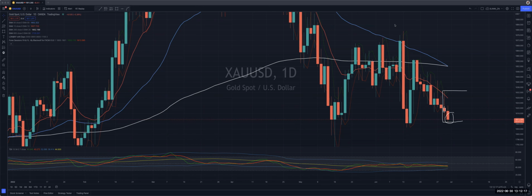On the bottom side, we've got this area here. Then on the top side, we've got this area here. Looking at the price action and how price was being delivered the past 3 days, we had a selling bias.